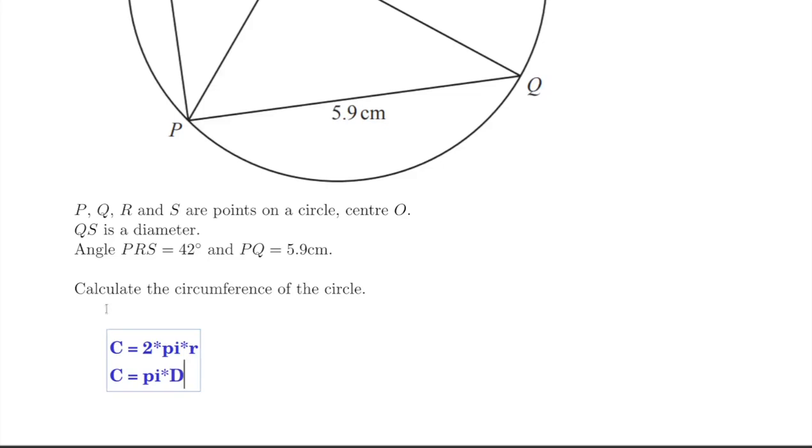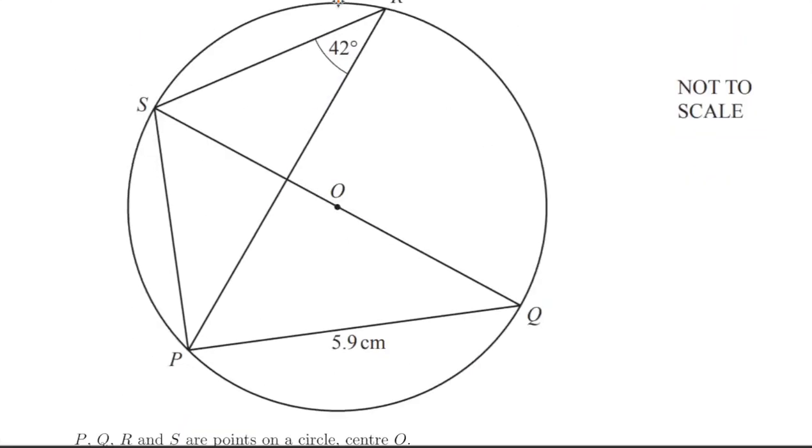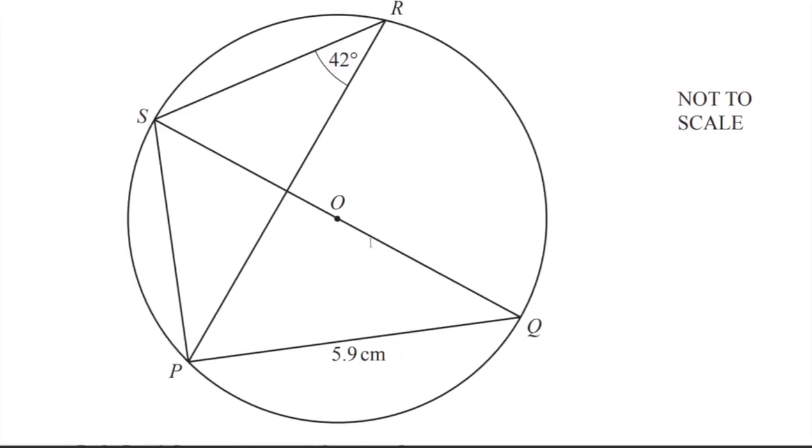So between radius and diameter, what do we have in this circle? We have neither of the two, but we can find the diameter SQ if we can know an angle in triangle PSQ.